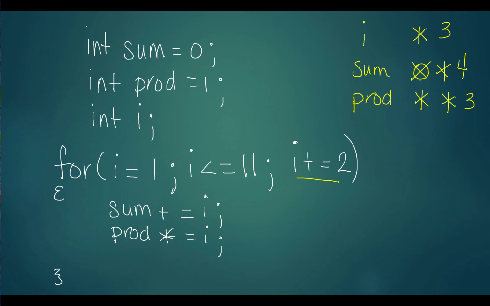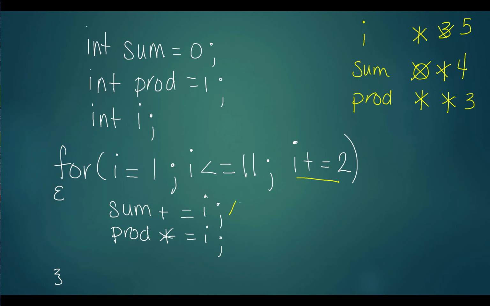Then it will do the update step. It'll take what I is, which is 3, add 2 to it, which will then make it 5, and then it'll test, is 5 less than or equal to 11? Yes, it is. So then it will proceed to calculate the sum, which is, it'll take the current sum, which is 4.